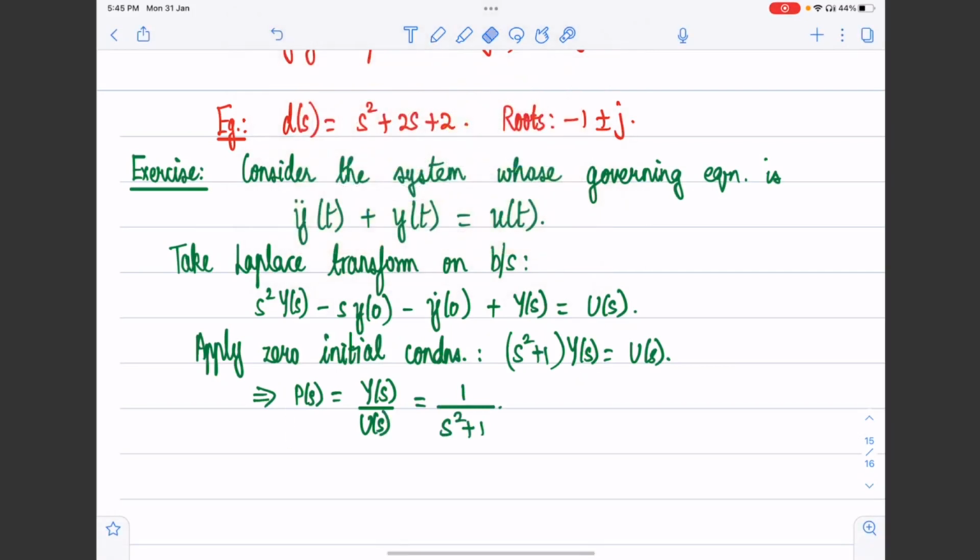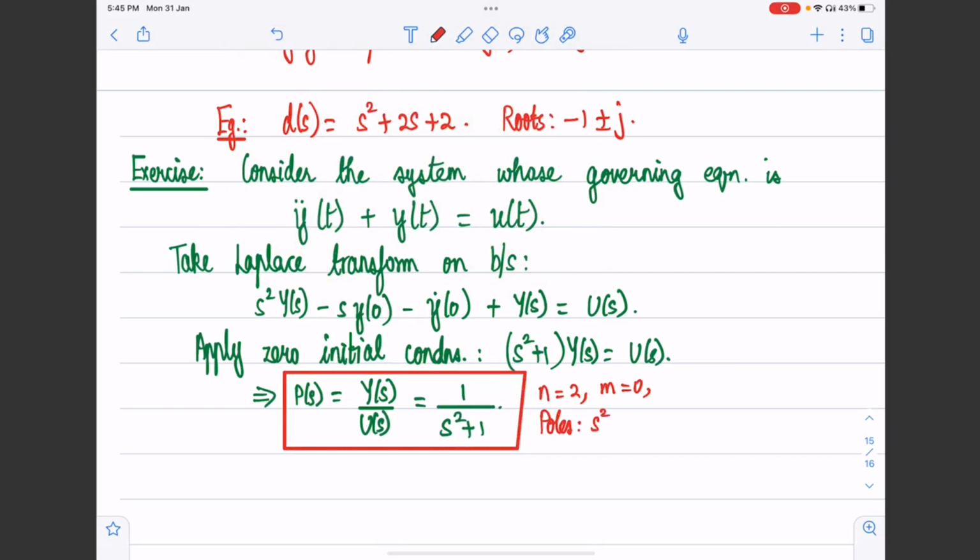I'm sure these steps are clear to everybody. This is straightforward. Having obtained this, we can immediately see that the value of n is 2 and the value of m is 0. The poles are obtained by solving the denominator polynomial equals 0. So s squared plus 1 equals 0, which implies that s squared equals -1, so the poles are plus or minus j.